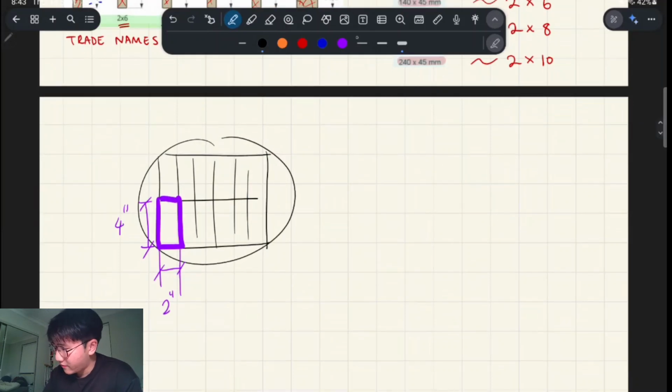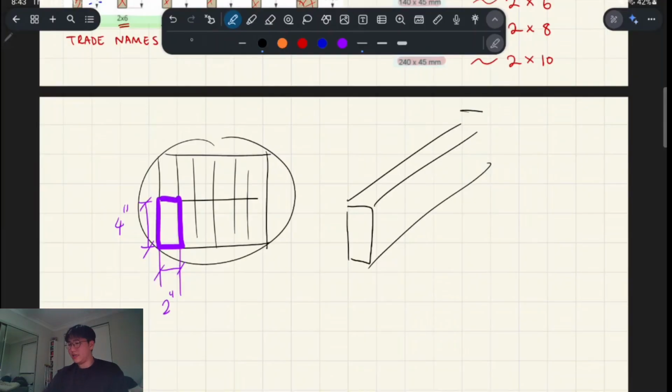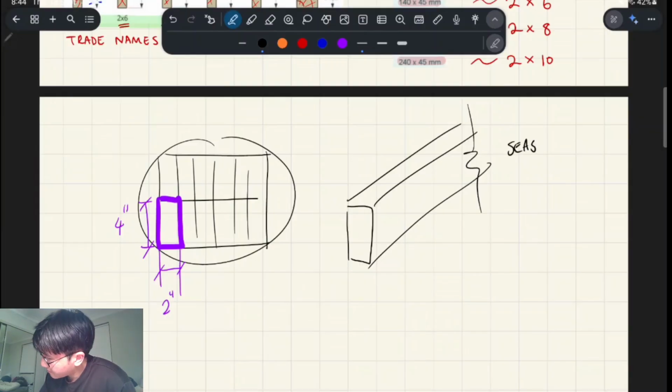Then this stack of rough sawn wood gets placed, and it came from a live tree, so it needs some time to dry. It's in a process called seasoning. In that process, it's going to shrink a little bit and warp, so we're going to get some undesirable properties.